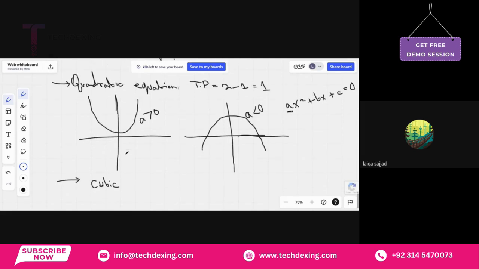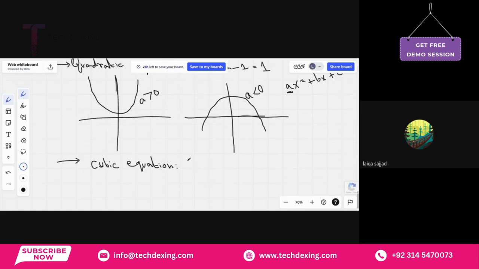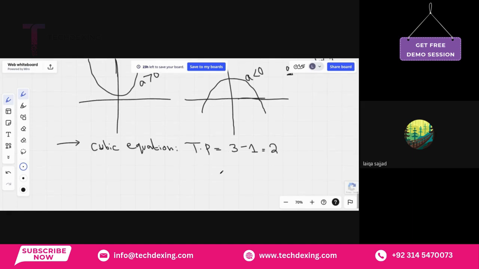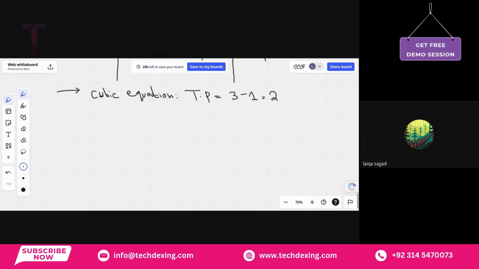So for a cubic equation, the number of turning points would be 2. And in this case as well, you can have two types of graphs.